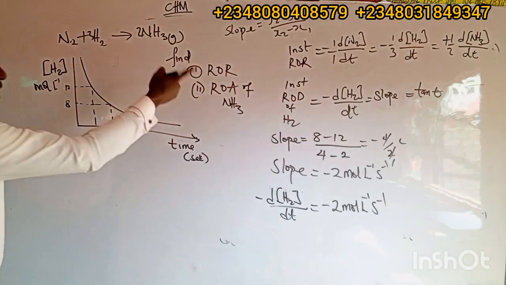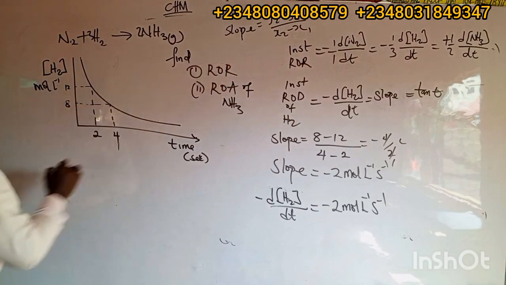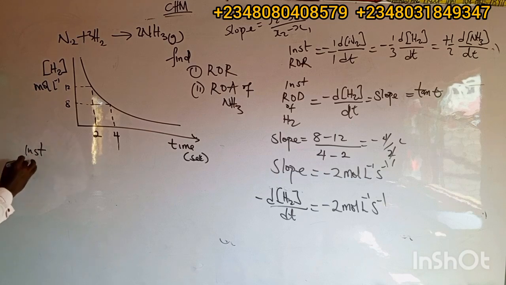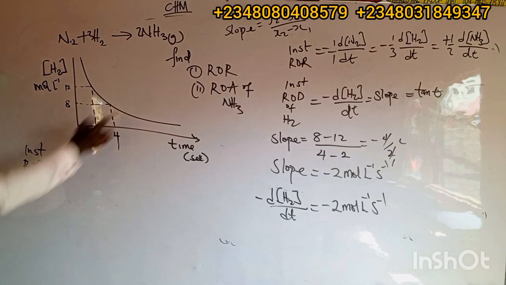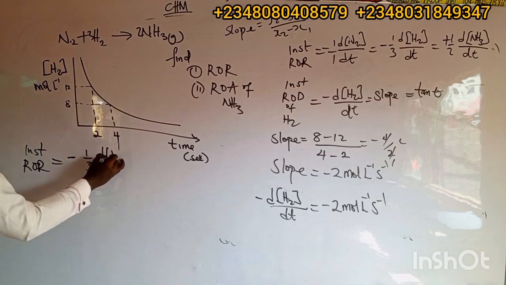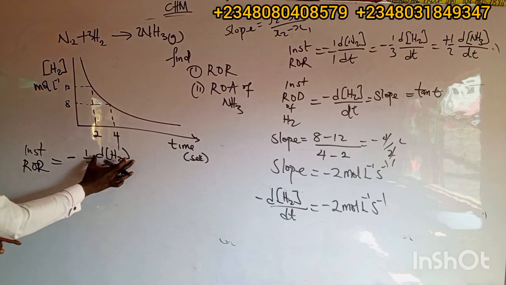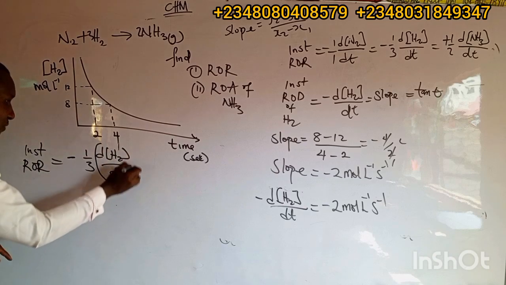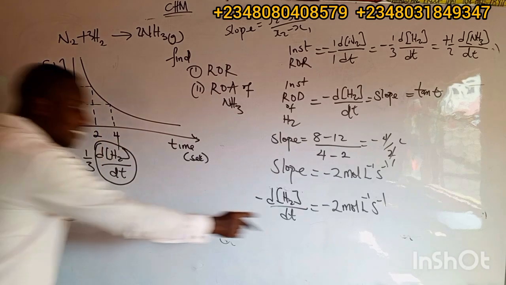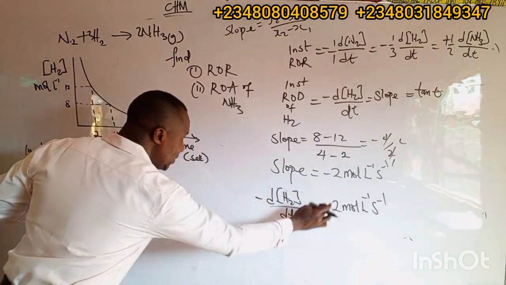Rate of reaction. I know the instantaneous rate of reaction in terms of hydrogen gas is minus 1 over 3 d[H2]/dt. And don't forget, the rate of disappearance of hydrogen gas is minus 2, just change it.